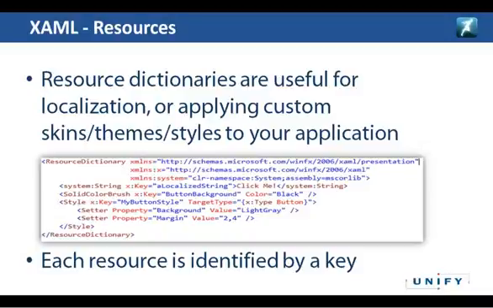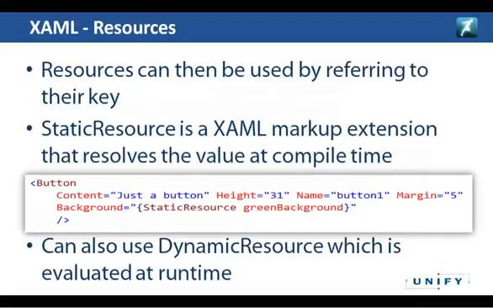You can provide an English version just based on the resource dictionary. And these resource dictionaries allow you to actually override existing XAML styles that Unify has created in TD, and you can provide new look and feels for all the controls of TD. Resources can then be used by referring to their key.